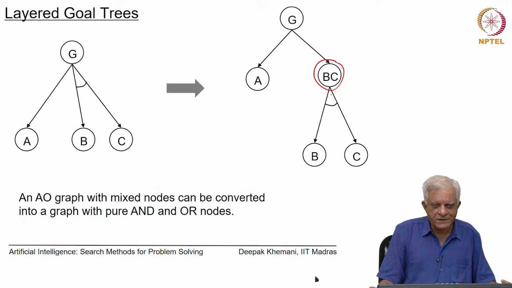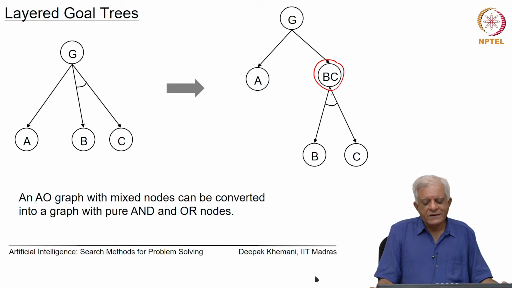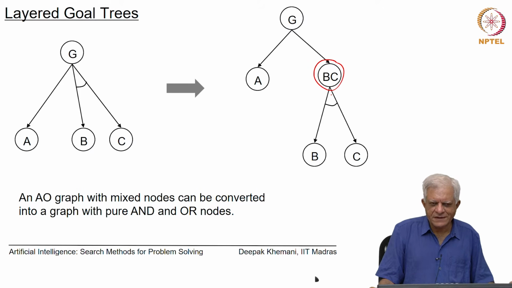So, if you do this, then you could have layered goal trees, and again I would draw your attention to the game trees that we searched. Game trees are kind of layered trees, with different kinds of activity going on at each level. So, in game trees at the max level, you have to choose one move, and at the min level you have to cater to all the moves.